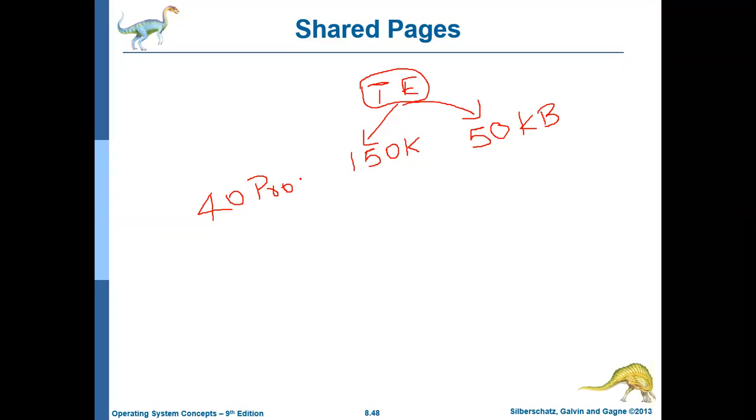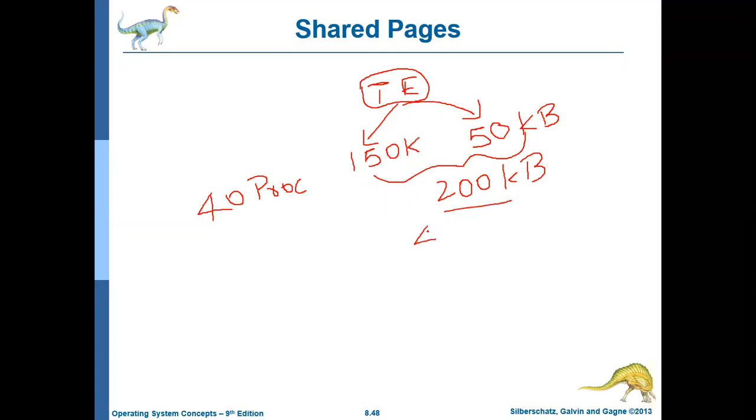Then if you give each of these 40 processes an individual instance of the text editor, each process will need 200 KB of memory to hold this text editor alone, because the text editor requires 150 KB for code and 50 KB for data. So each process needs 200 KB.